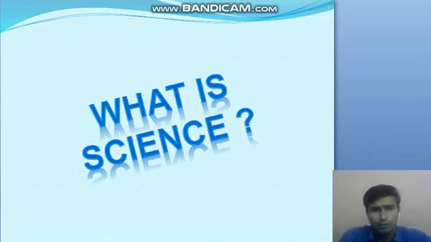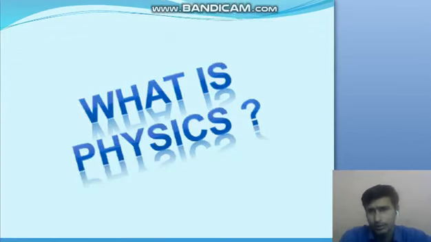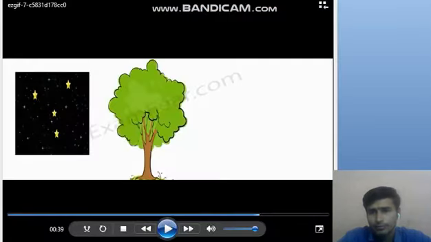But first, what do we mean by physics? Physics is a branch of science which deals with the study of natural phenomena occurring around us. From early morning to late night, we have different types of natural phenomena.